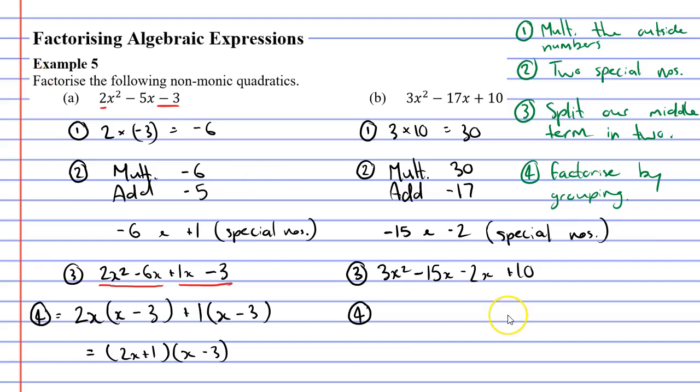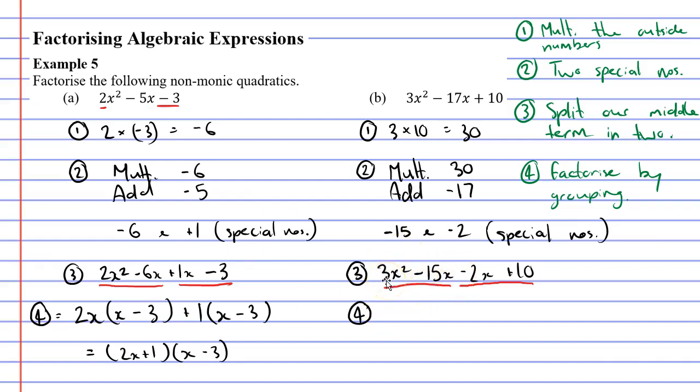And we're going to split this expression into two groups, 3x squared minus 15x. And the second group, we've got to include that minus sign. This is minus 2x plus 10. Very important that we don't ignore those minus signs there. All right, so what are we going to factor out in our first group here?